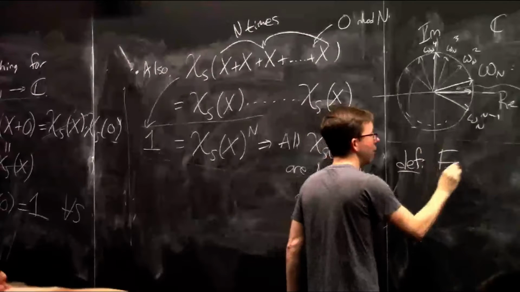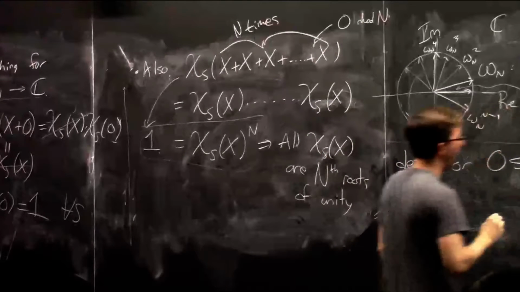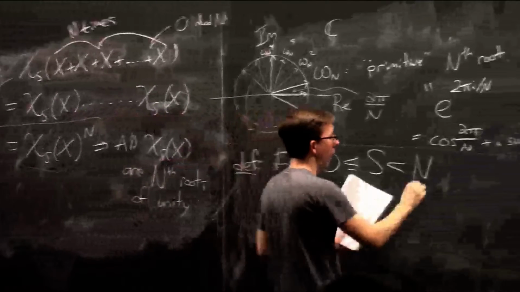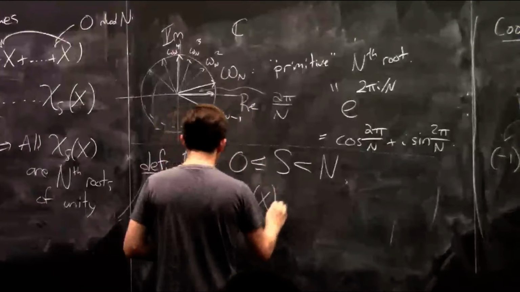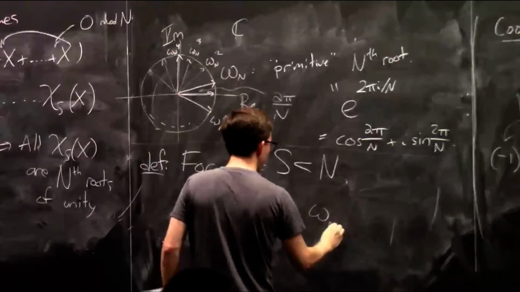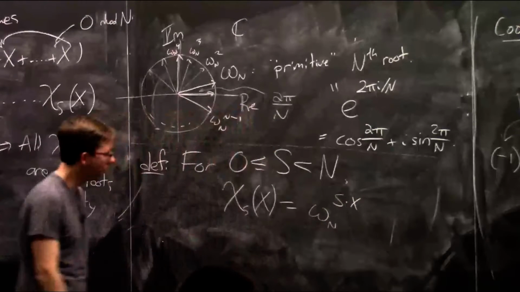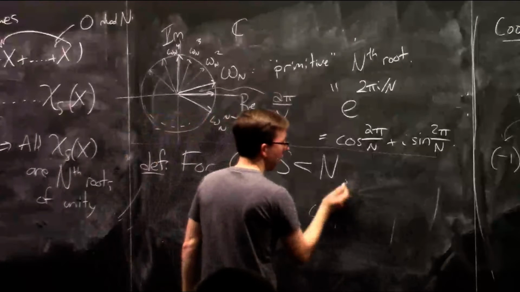So here they are again. For s between 0 and n, you have one for every integer between 0 and n. We have this function, chi s of x, which is the primitive nth root of unity to the power of s times x, or maybe you can think of it as x times s. It's the same.